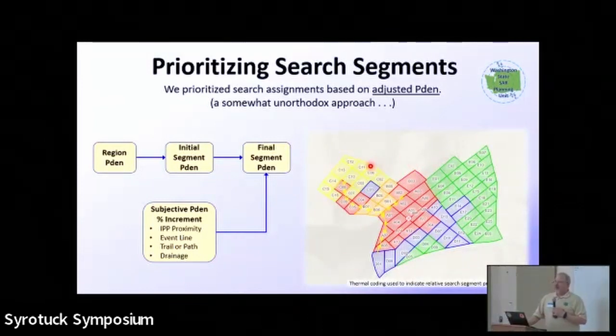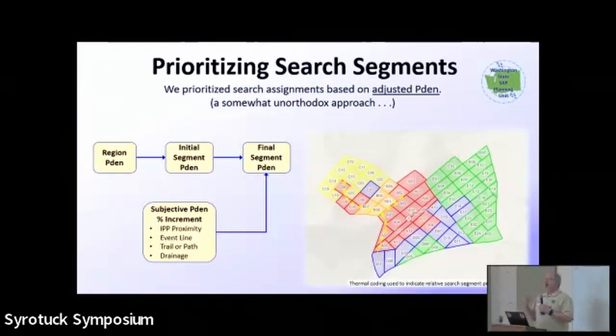So we know that the PDEN of our search segments would inherit from the PDEN from the region. And then we said, well, that's nice, but again, we wanted to be able to highlight these high probability zones, right? This is what we're struggling with. We want to be able to indicate where the high probability zones are within this map and bump those up in priority, right?